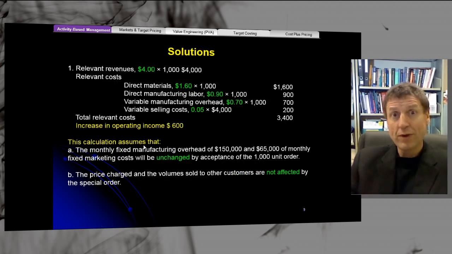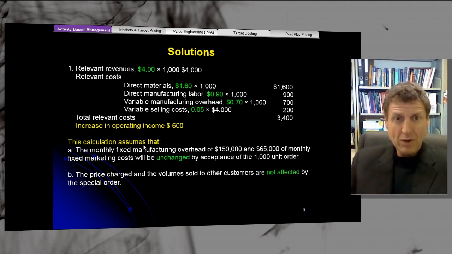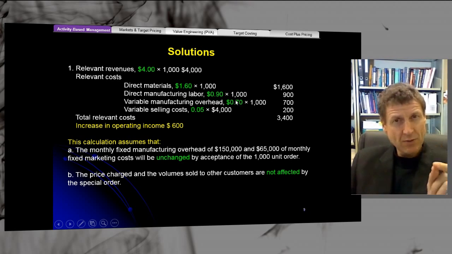Now we've got relevant revenues of $4 per unit. That's the offer times 1,000. So that's $4,000 as the extra revenue. What about the extra costs? Well, we have direct materials. Okay, that's relevant. We have direct manufacturing labor. That's relevant, 90 cents. We have variable manufacturing overhead, 70 cents. Now remember, it's variable manufacturing overhead.